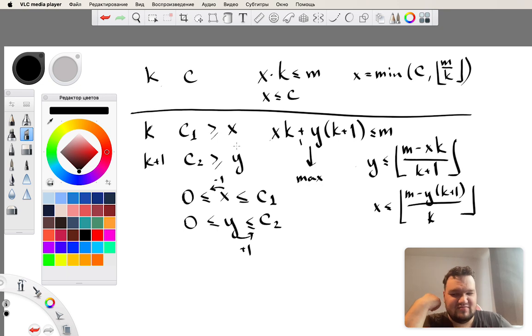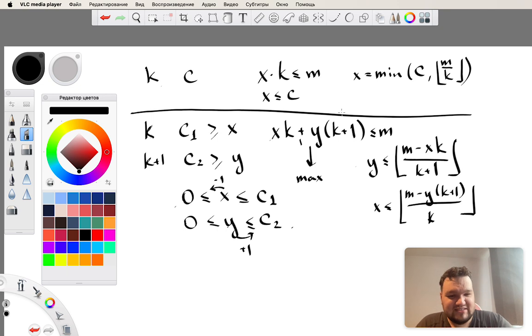So when will we stop? Well, we take some option, then we start to change it, decreasing x, increasing y. And we will stop when either x becomes 0, or y becomes c2. Both of those cases we already considered, so we don't need to care about it now.